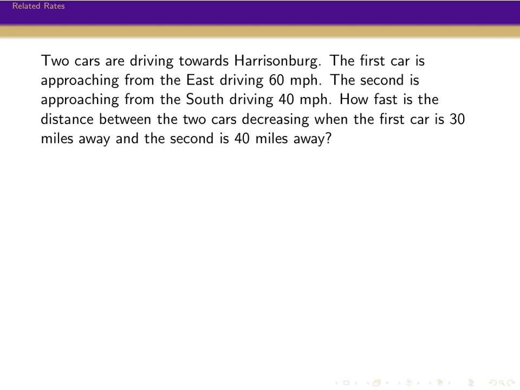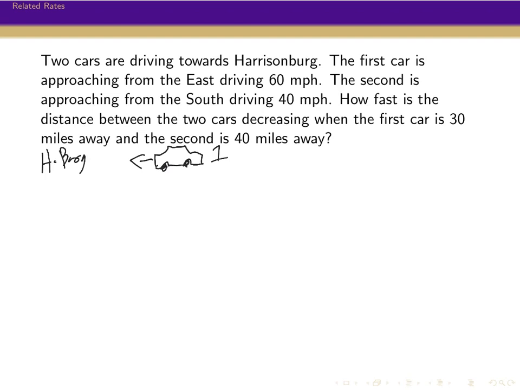Okay, let's start working on this. So first let's draw a picture, get a good idea of what's going on. So the first car, there's a great looking car, and it's going this way. Here's Hburg, and so this is car number 1.